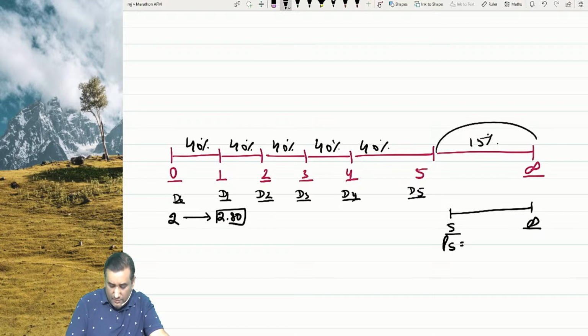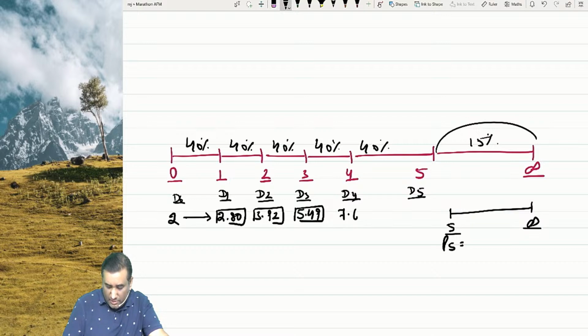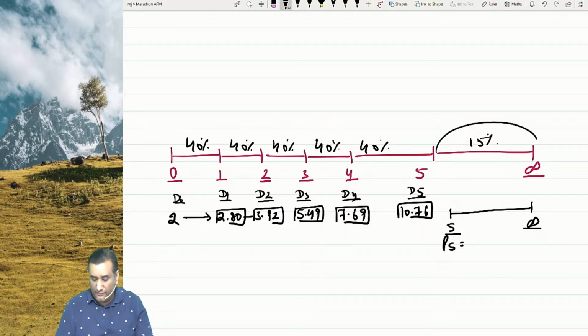Second one, 0.9. Then 5.4. Next one, 7.76. These are D1, D2, D3, D4 and D5.